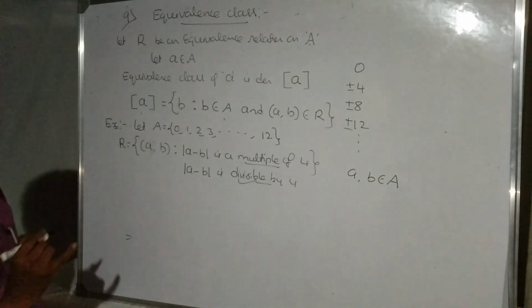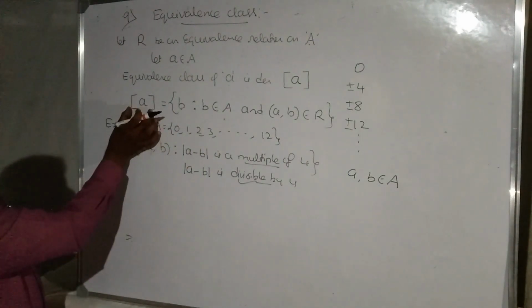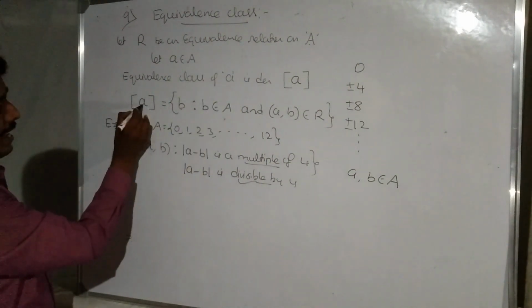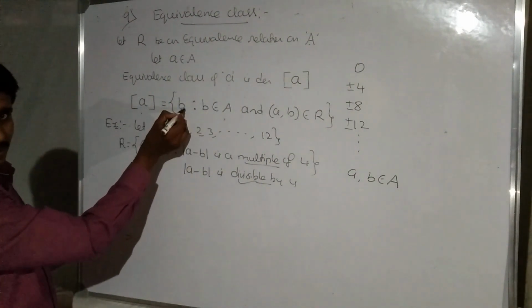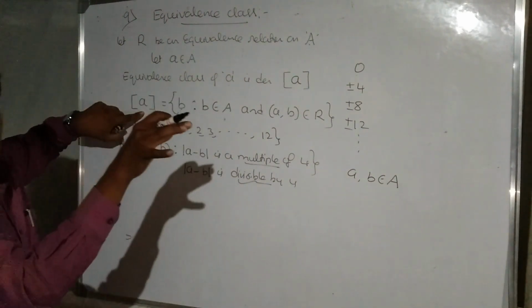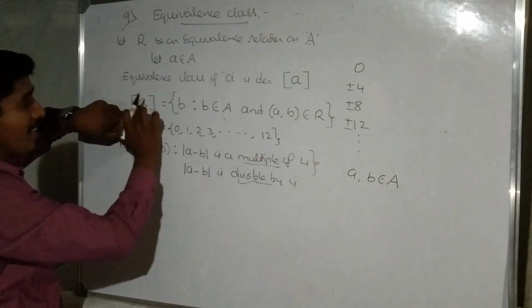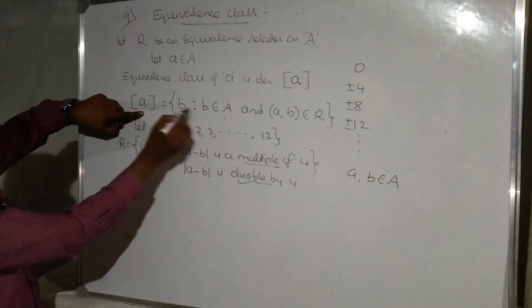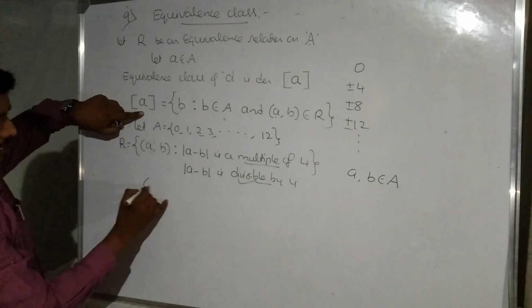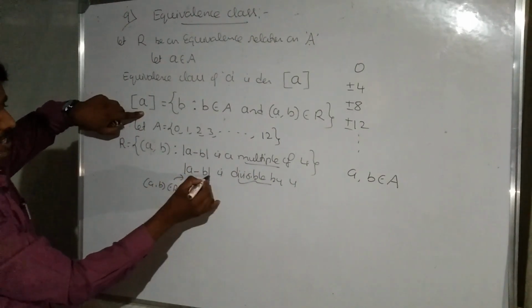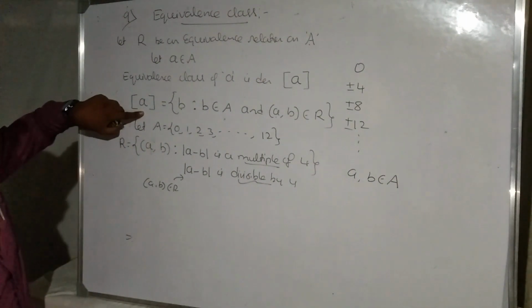Correct. Here the equivalence class of a equals the set of b, where b belongs to the same set A and a must be related to b. The equivalence class of a equals the set of all those elements of set A related to it. Suppose I take (a, b) belonging to R, which means the modulus of a minus b is divisible by 4.